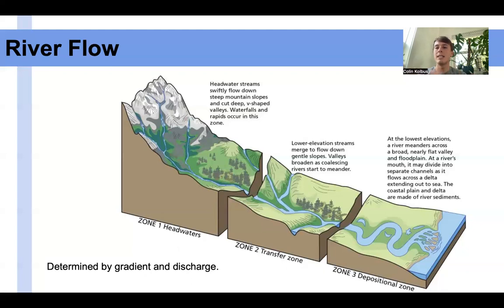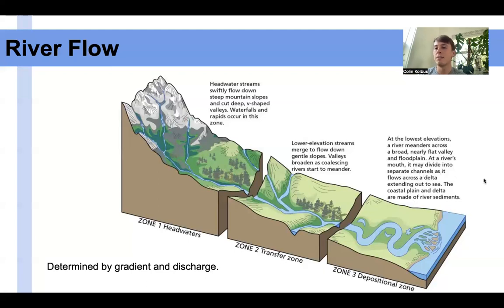Sediment transport is a function of river velocity, so the faster a river flows, the more erosion is going to happen. And then as it gradually gets closer to its end of life, its terminal and its delta, it's going to slow down, deposit that sediment, and make these wide regions called floodplains.